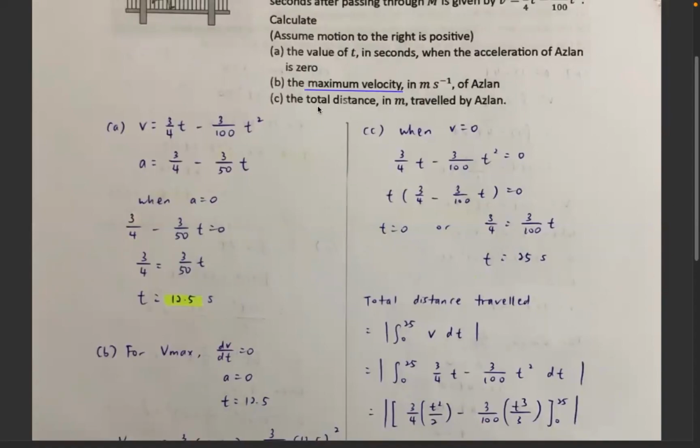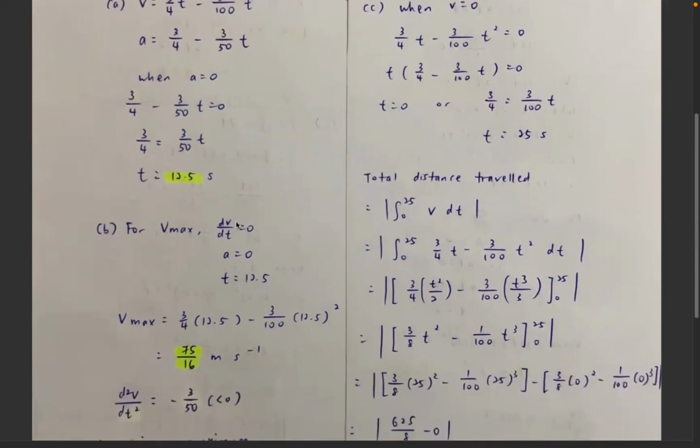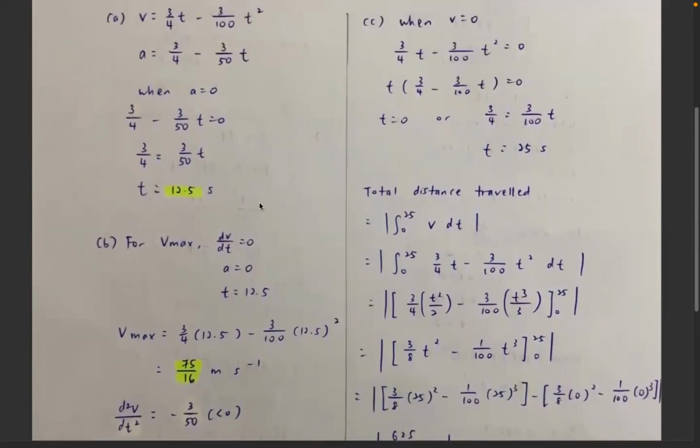So that's why when you want to find the total distance traveled, you can integrate from 0 to 25 straight away. The reason I integrate v dt here is because we didn't find the displacement function just now.